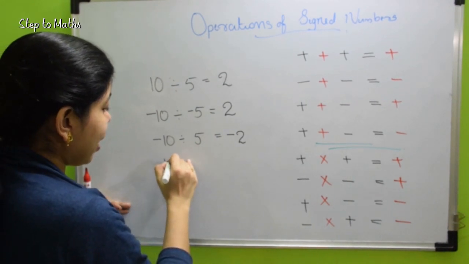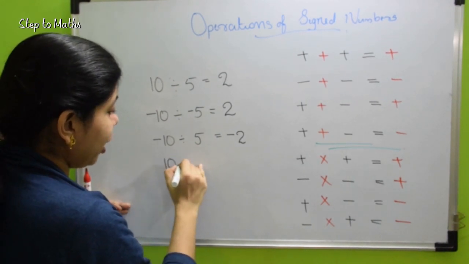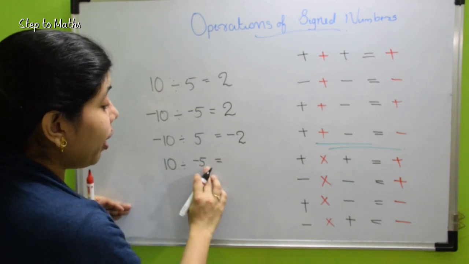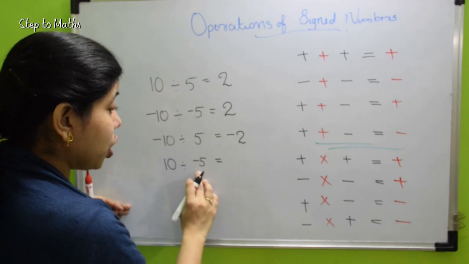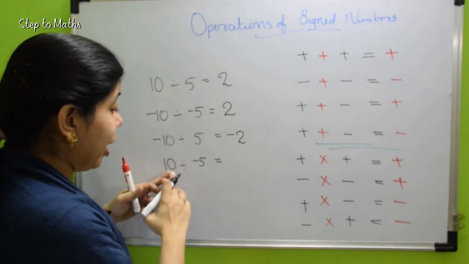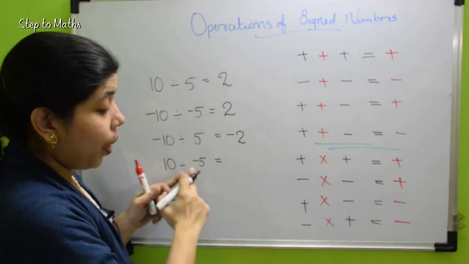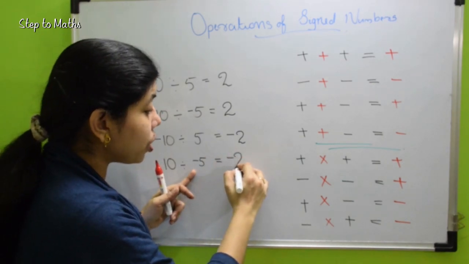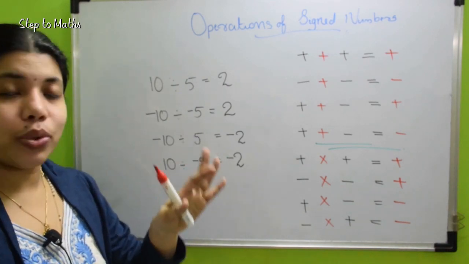Now consider the next case, 10 divided by minus 5. This means the dividend is positive and the divisor is negative, then also the sign of the quotient is negative.